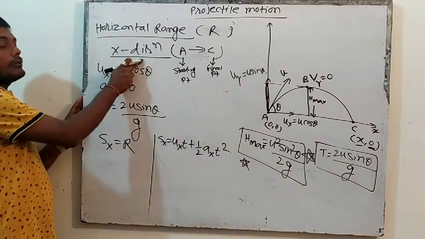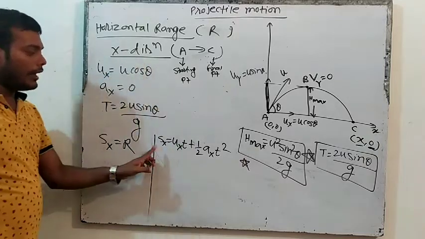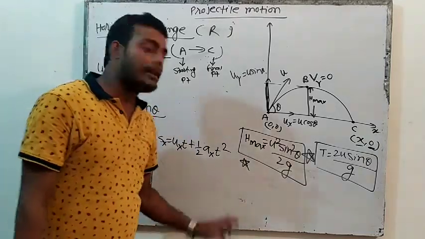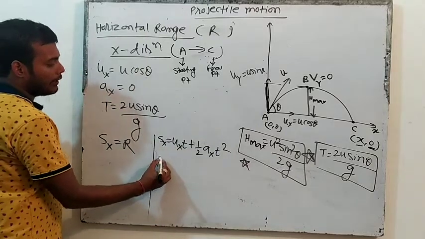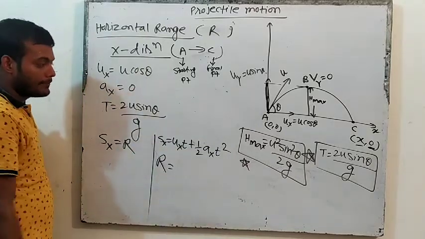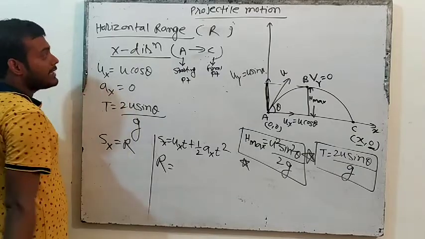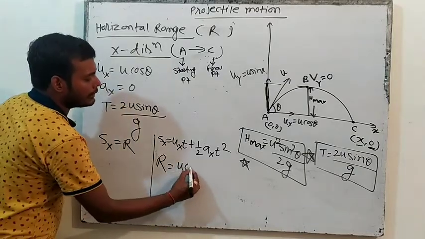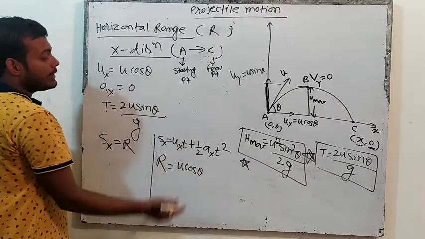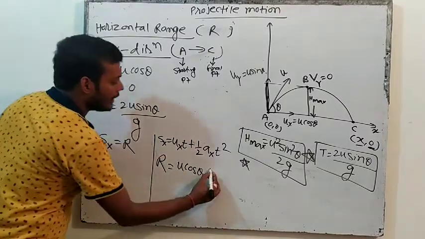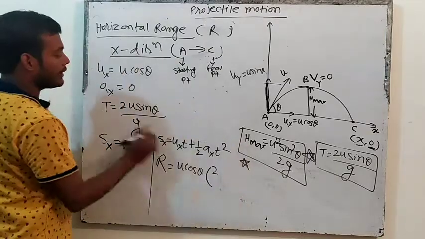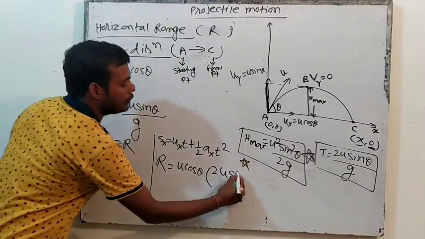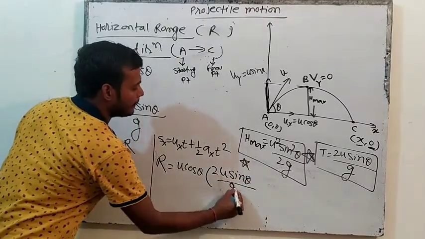Since I am dealing in x direction, with everything we will add x. So displacement in x is how much? R. This is equal to the horizontal length. What is initial velocity in x direction? u cos theta. How much time is it taking? The time of flight, 2u sin theta by g.